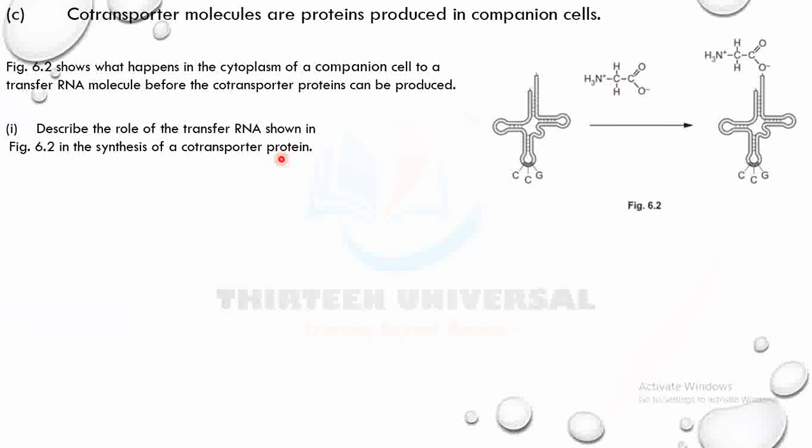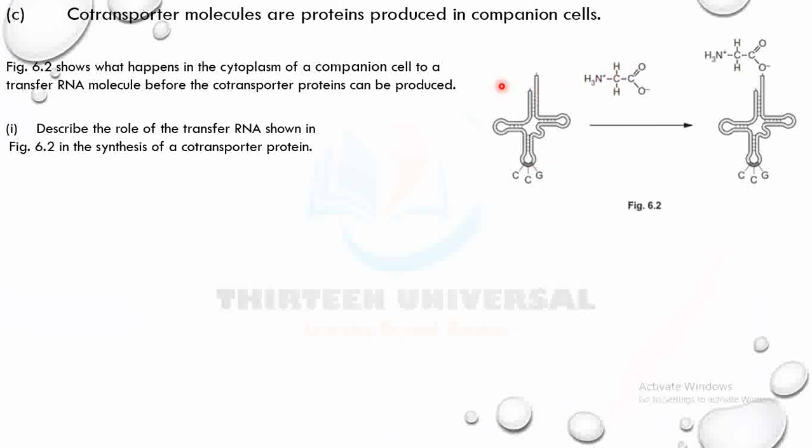You can see that here the amino acid is attached to the transfer RNA, and that attachment is based on the anticodon, right? So the amino acid must be coded by the anticodon.